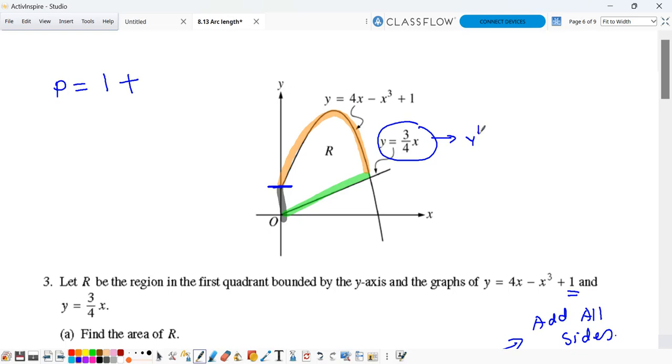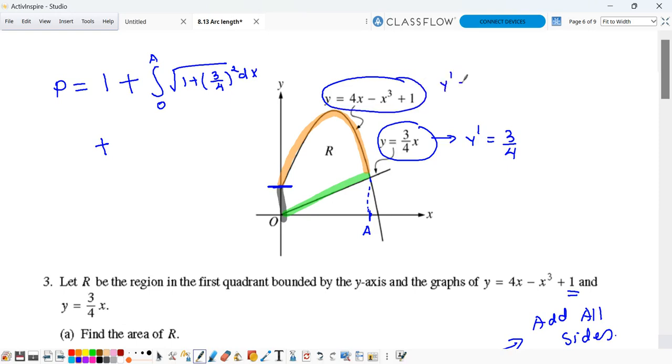What is y prime for this? It is 3/4. So I can say you have to find this interval. By the way, this is a calculator question, and you have to graph it, find the intersection, and store that as a. I'm only explaining the perimeter part here. So I can say the integral from 0 to a of the square root of 1 plus (3/4) squared, dx, plus the orange-colored arc length.